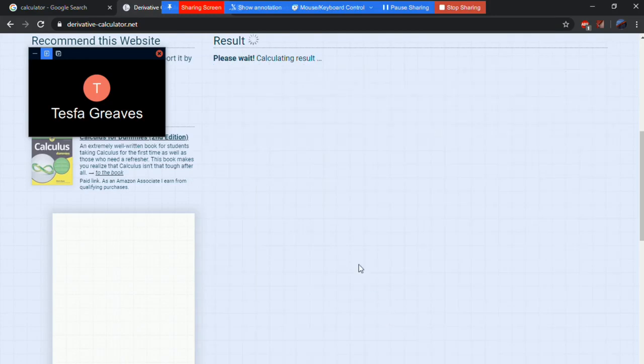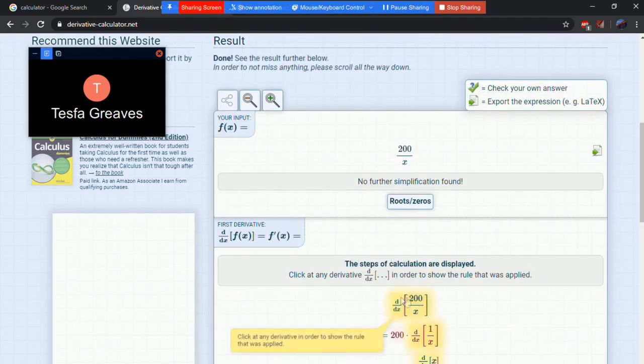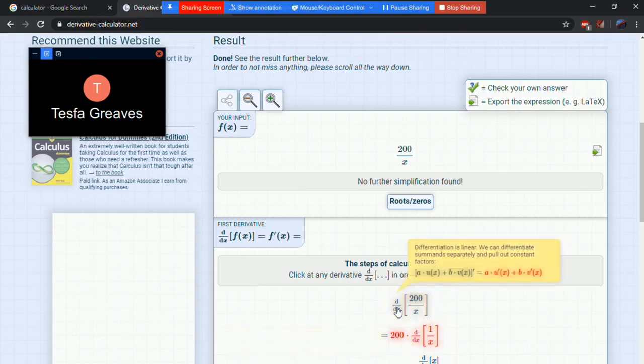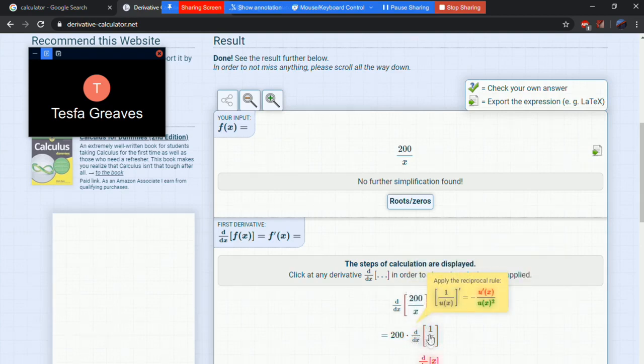Let's show the steps. So if we click on this, we could see that this problem is actually a constant times the derivative of 1 over x. We could pull the constant to the outside, which is this guy right here. So forget about him for now.